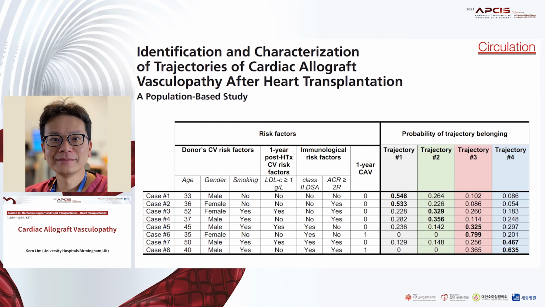So in case 1, for example, you have a young male donor who is a non-smoker, and the recipient had no hyperlipidemia, no rejection, and no donor-specific antibodies, and the trajectory here is very good.